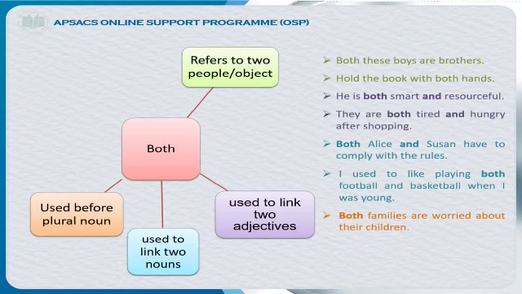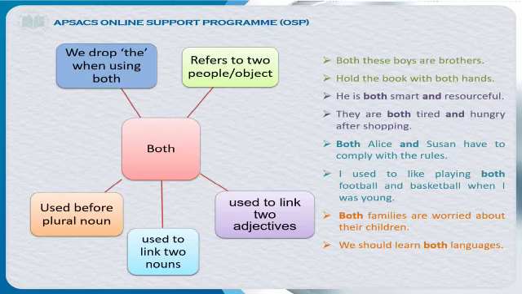For example, both families are worried about their children. We should learn both languages. When we use both, we drop the. For example, both businessmen are wealthy. We will not use the before businessmen, which will be incorrect.